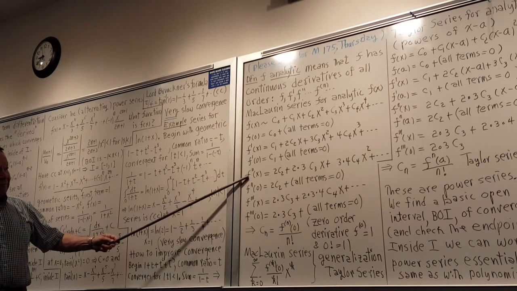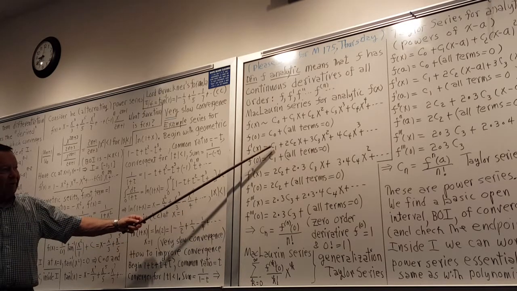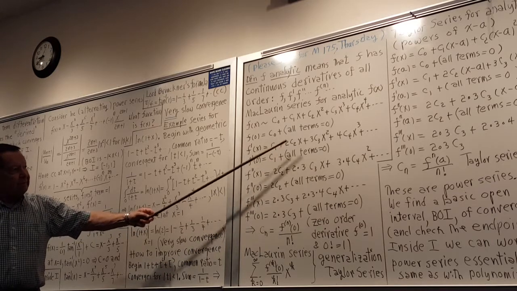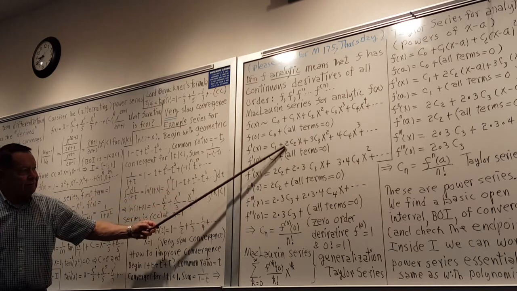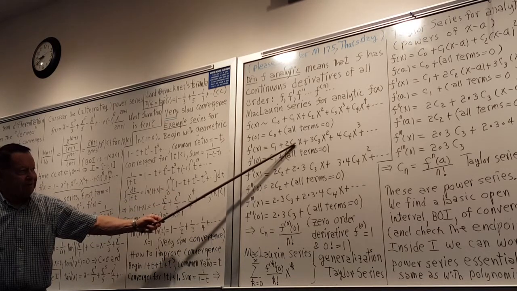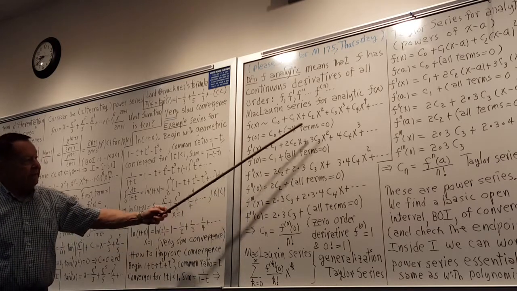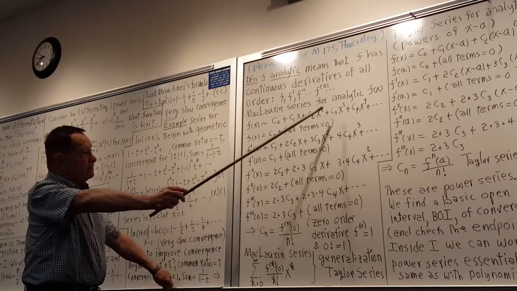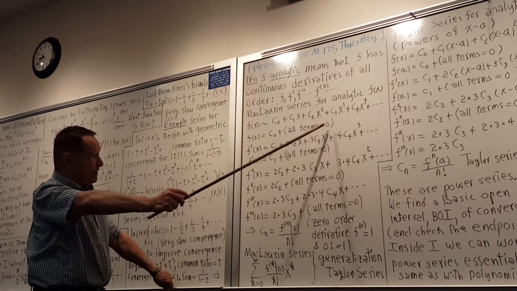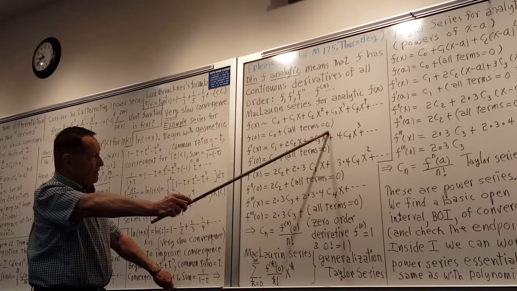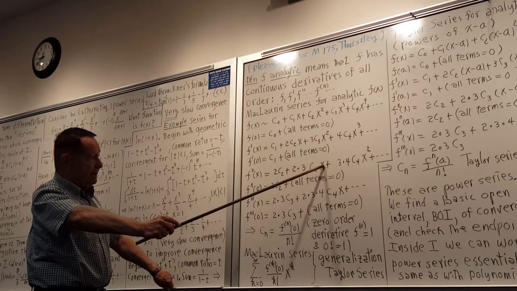Go back to this line and do the derivative. So you get f double prime. Whatever this is, the derivative is 0. Then here, the first time, you got 2c2x, so the derivative of that is 2 times c2. And if you went a little further, you see this one would have given you 3c3x squared, then the derivative here brings the 2 down. You'd have 2 times 3 times c3x.